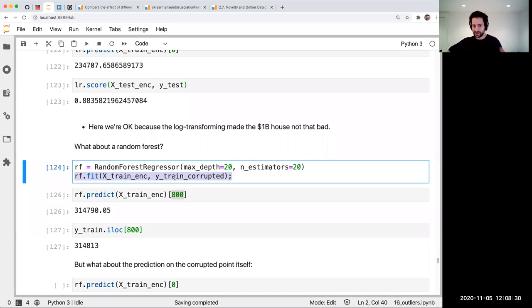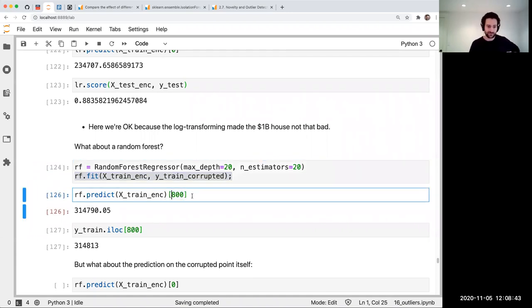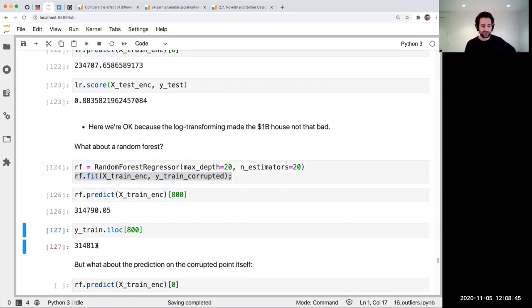And so when you use this on test and deployment data, it's only going to give you the silly values if you follow the same path down the tree as the crazy one. For other houses like this one I picked, house number 800, it's still giving you normal predictions. It doesn't care about that 1 billion because that's a different path down the tree.